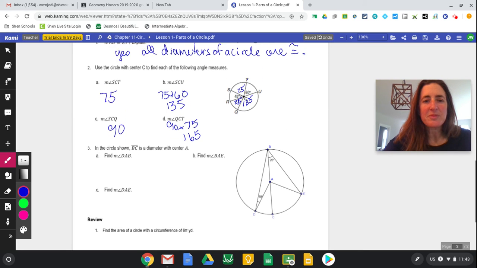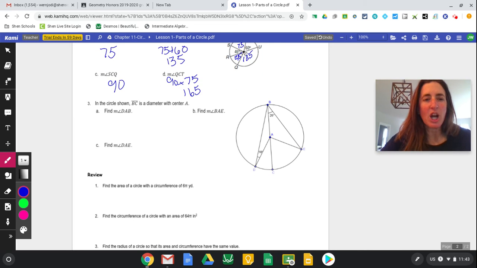Okay, so now our next question down here, a little bit trickier. This segment BC is a diameter of circle A. When I approach these problems, I like to mark off all the radii in the picture because they're all going to be congruent to each other. So here's a radius, here's one, and here's one.